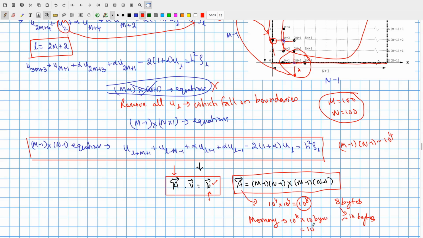So this is going to be 10 to the power of 9 bytes, or typically 1 gigabyte. And this is alarming. Just to save this matrix A, it appears you need 1 gigabyte of memory. Though it appears to be alarming, this is not really the case.